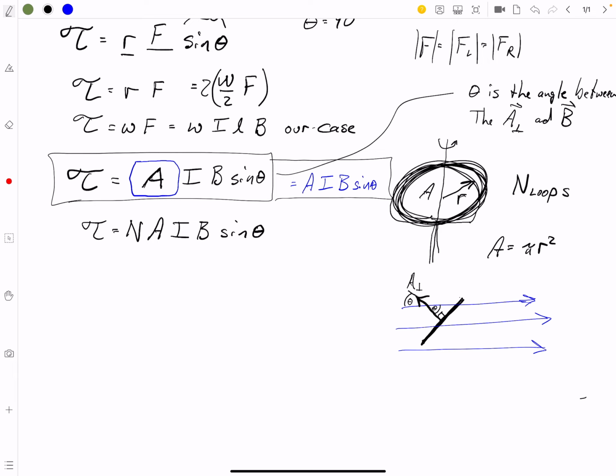And that's our angle between them. However, that angle is negative, right? Because we're pointing in two different directions, it doesn't matter. The sign of it is still going to be positive, and so that's all that matters.